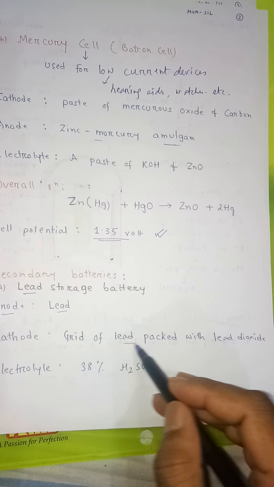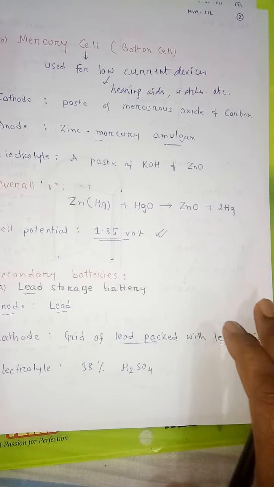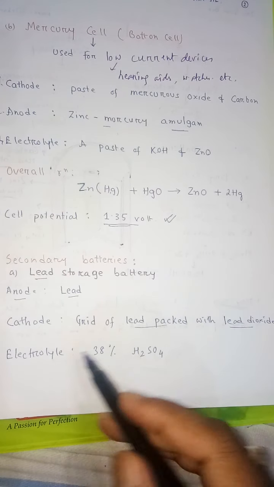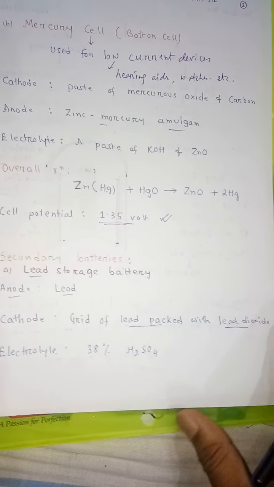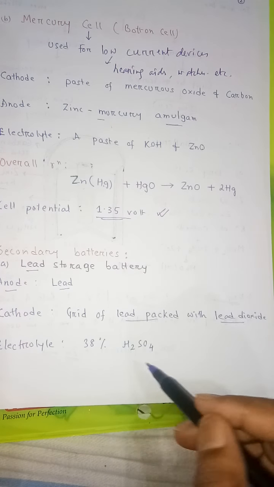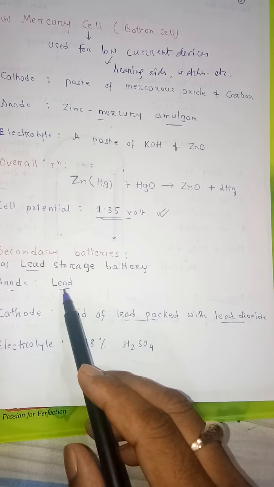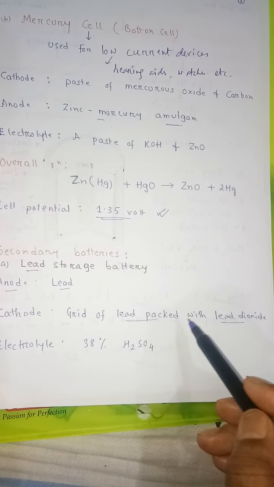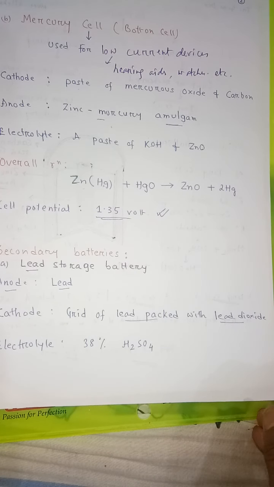For the figure, students, you also have to go by the book. There is a figure there. The electrolyte is 38% H2SO4. So these things we have to learn: what is the cathode, what is the anode, and the electrolyte is 38% H2SO4.